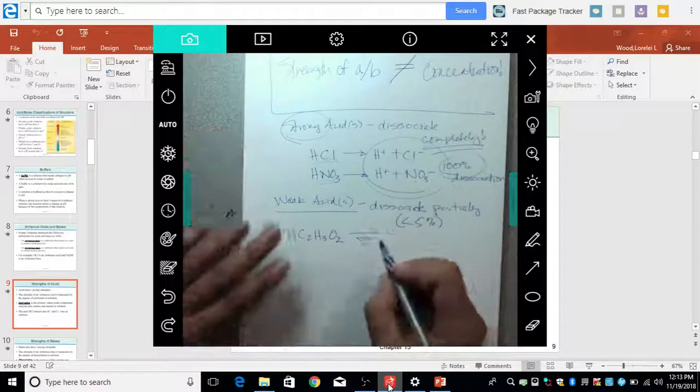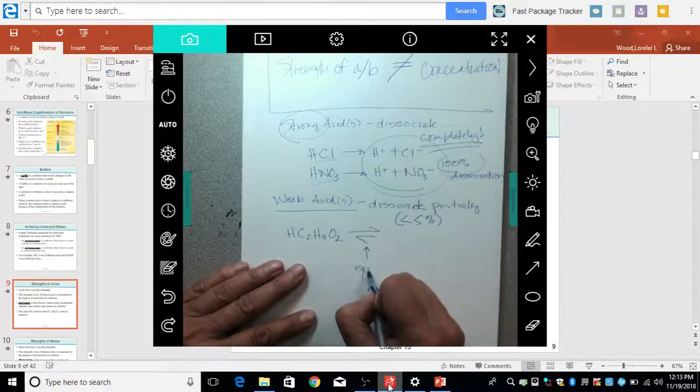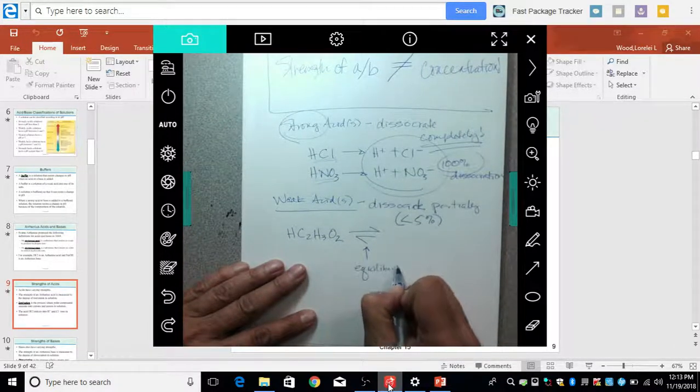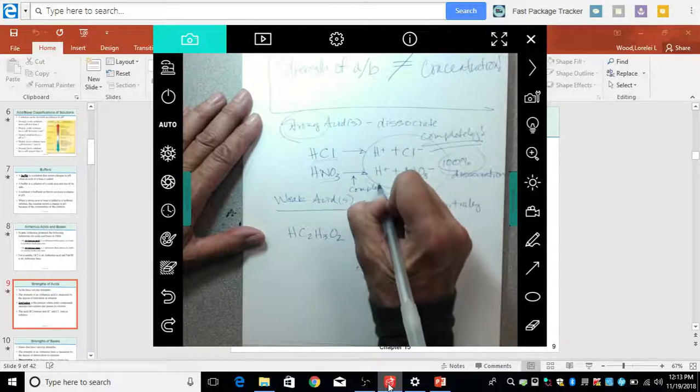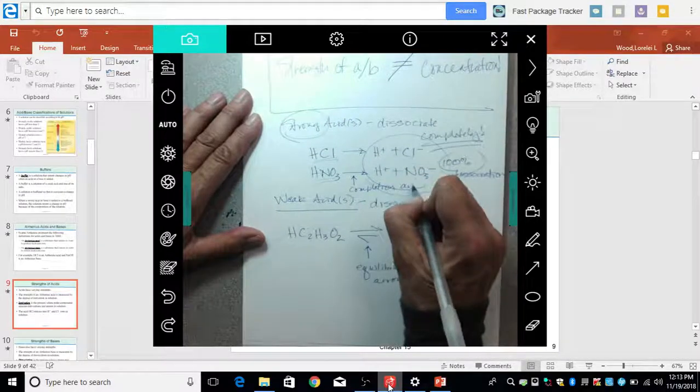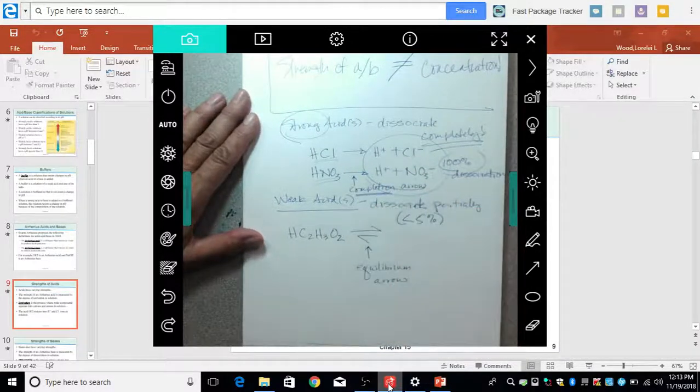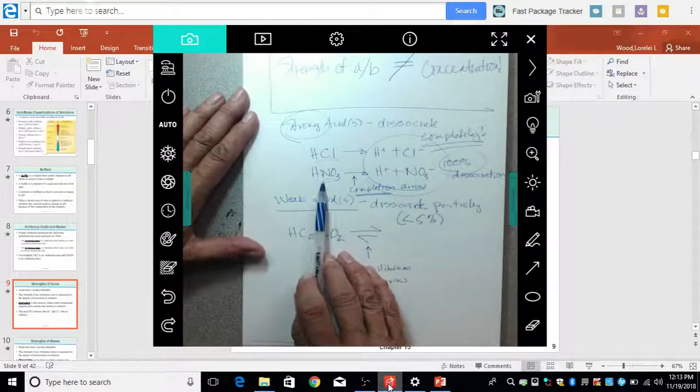And we use this kind of an arrow. This is called an equilibrium arrow. This kind of an arrow here is called a completion arrow. In a completion arrow, what that implies is that the reaction is going to completion.